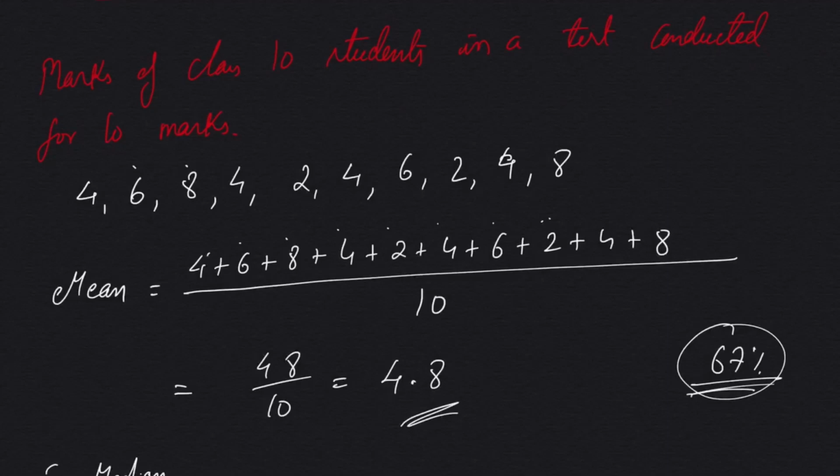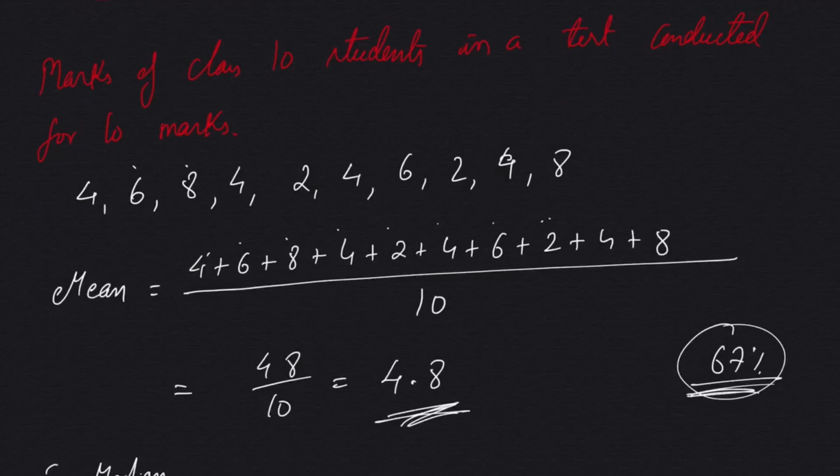That is why your average turns out to be 67%. Likewise, if you take this example, our average is 4.8, so there will definitely be fluctuations. And of course these are not very accurate values, just assumptions. You will see that it really doesn't differ much from 4.